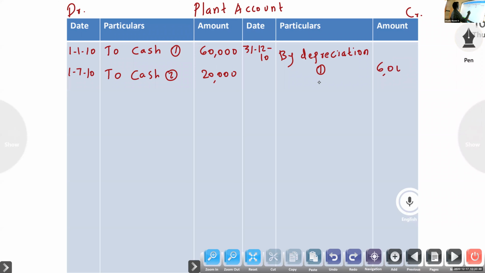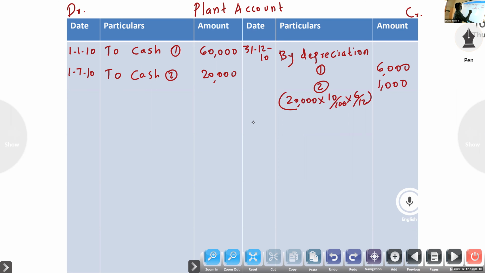Second one we purchased on 1st July. So 1st July to 31st December. So second machinery we used only 6 months. Okay. 1st July only we purchased. So purchase date to closing date.